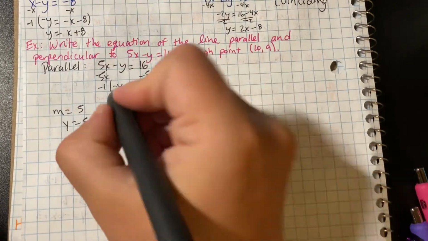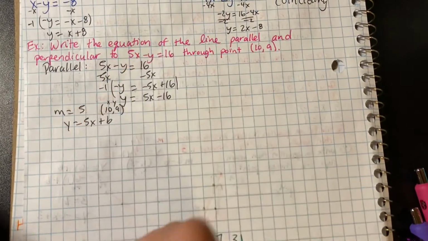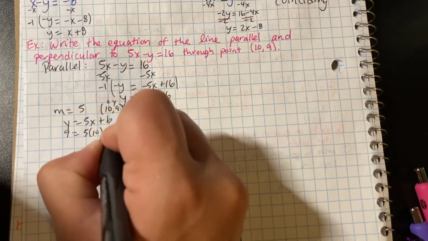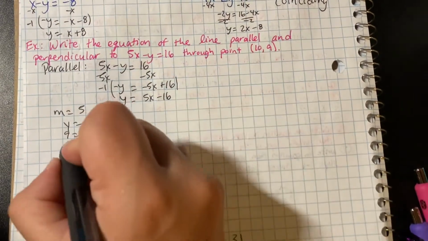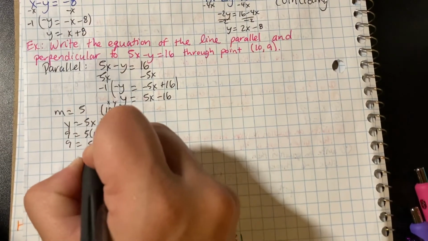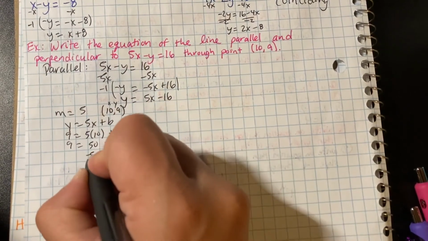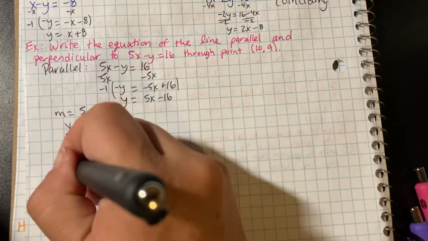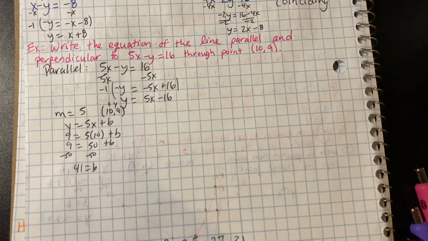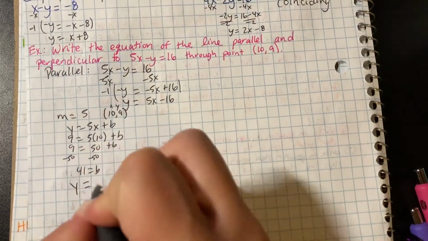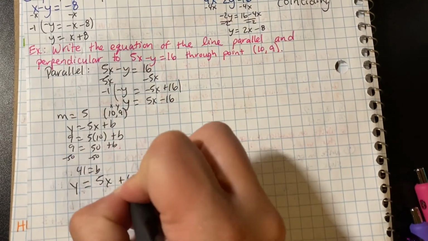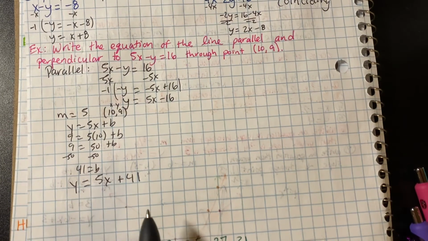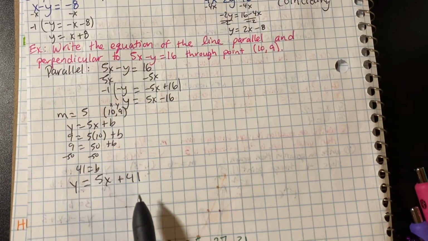Then I'm going to plug in my x and my y. So I have 50 plus b. b equals 41. So I'll have y equals 5x plus 41. So this is the equation of the line.